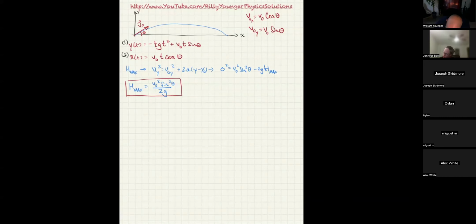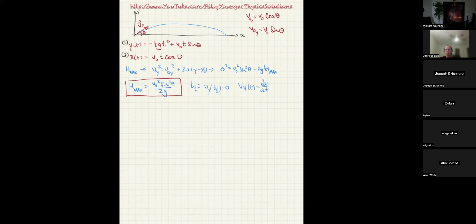I could solve for t 1/2. And the way I do that is I would say Vy equals 0, or I could say it more specifically, V sub y of t 1/2 is equal to 0. And I could say that v sub y of t is equal to dy dt.